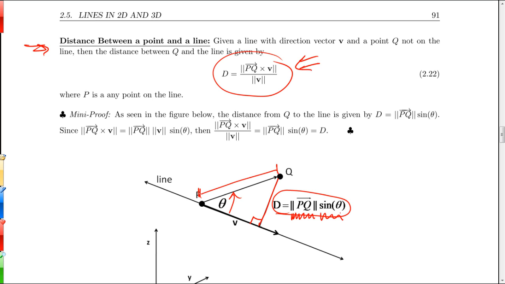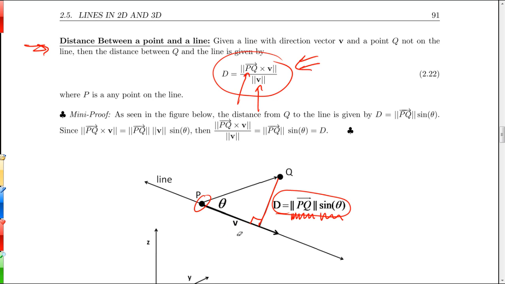But it's worth pointing out that this point P is any point on the line. You could have put it here, or even over here. So P needs to be on the line. So you'll notice in your formula you have a P in there. That's just any point on the line. Q is the point you're worried about. You want to find the distance from Q to the line. And V is just the direction vector for the line.